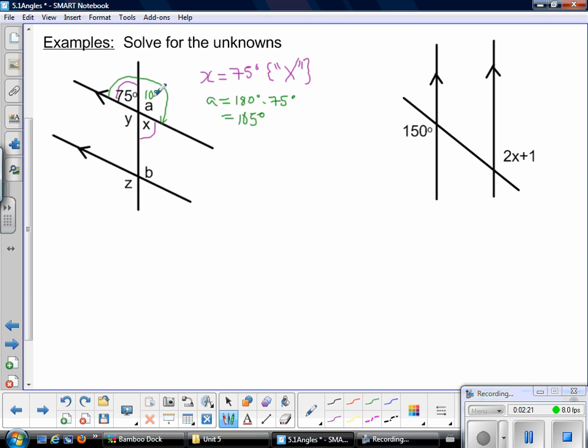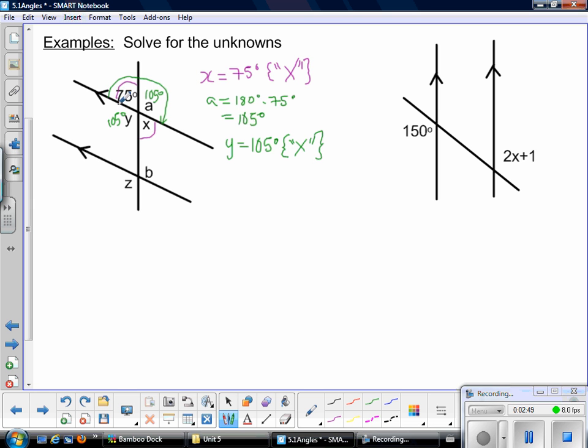Okay, so this is 105, which means using my X pattern again, y equals 105. You notice that X pattern actually comes in fairly handy for us. And now I don't have any more X's at the moment, so this is 105. So now let's see, do I have any Z patterns?